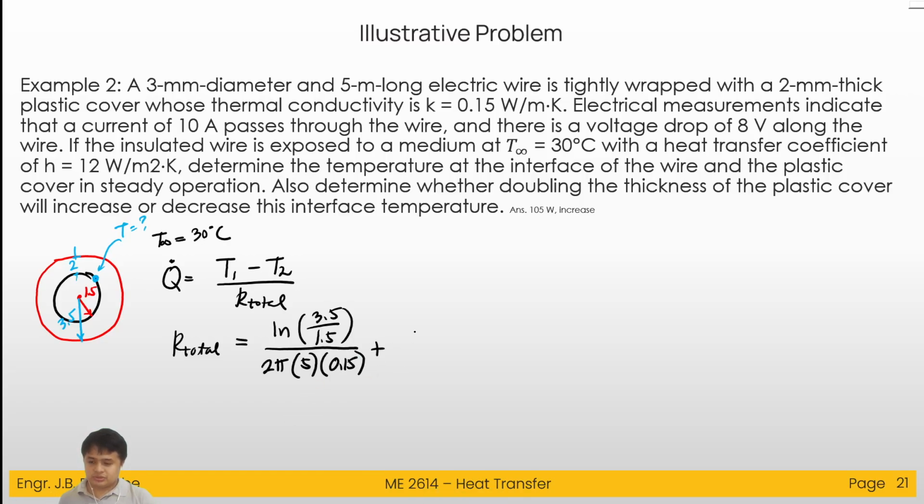For the convection part, you have 1 over h_o times the area. So h_o here is 12 watts per square meter Kelvin. And then the area is the surface area, 2 pi rL, where r here is the outside radius.